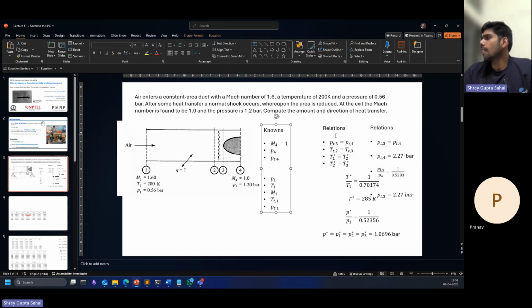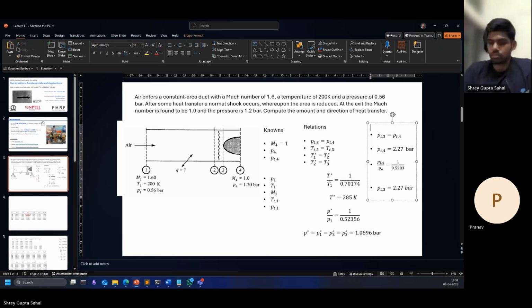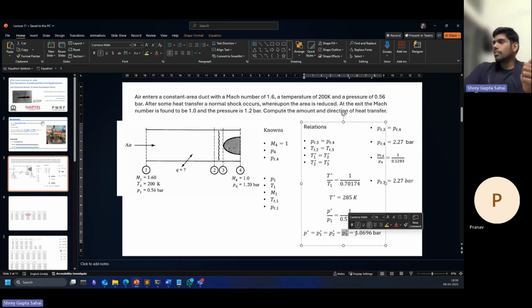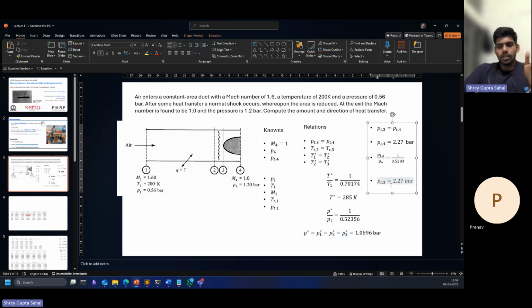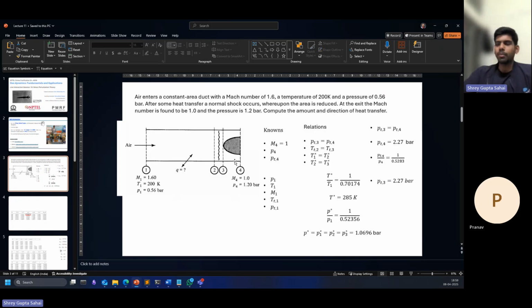Because of that, we know a star quantity. If we can get a ratio between P star and P, or P star by P total, then using these tables, if I can get any of these ratios, I can find out the Mach number and then proceed.